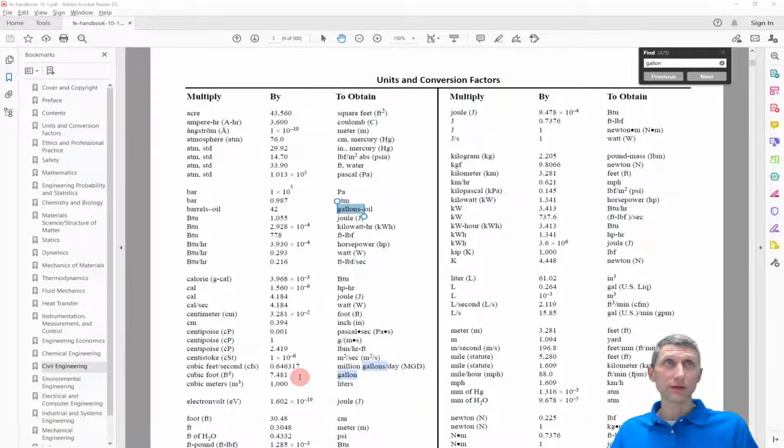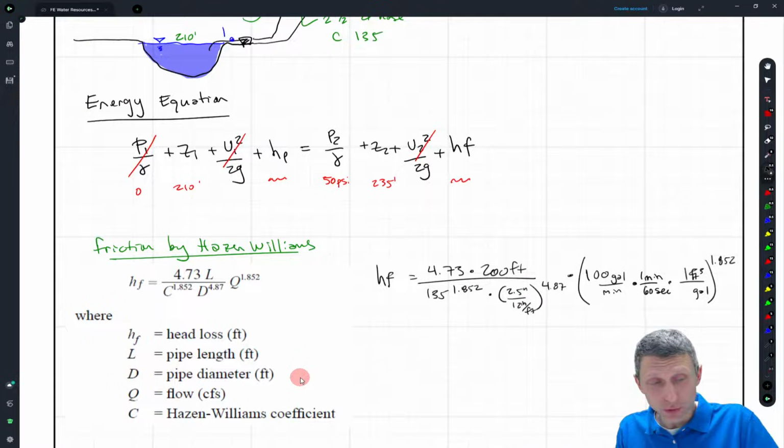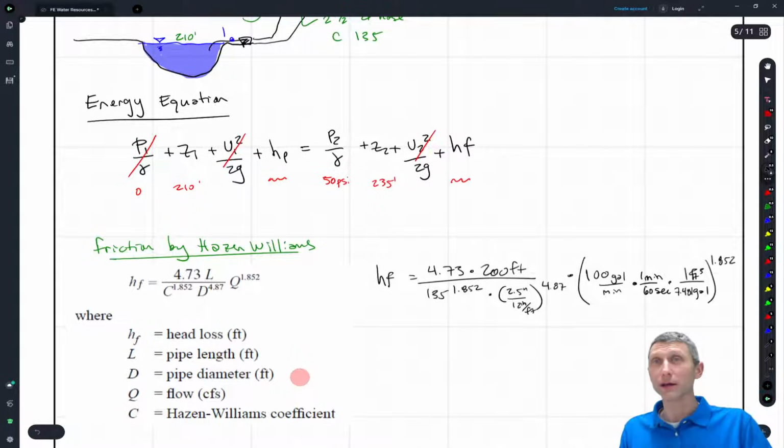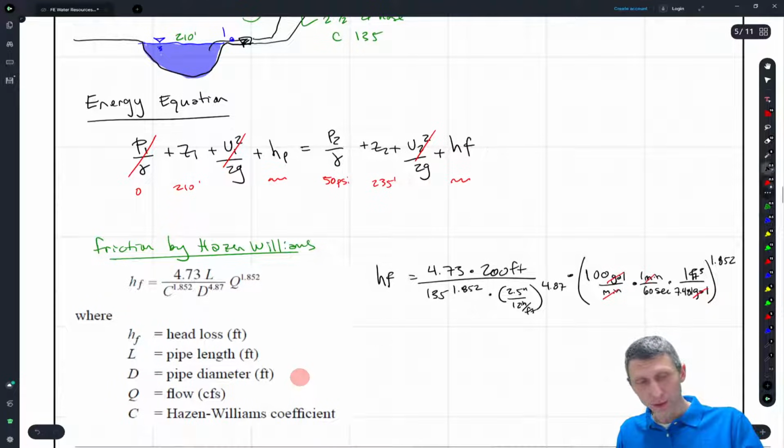Okay, 1 cubic foot is 7.481 gallons. So the good news is we can find that. A search and find didn't take us very long. What we see is we can cross out our gallons, and we cross out our minutes, and we're left with cubic feet per second. Plug all this in, and hopefully we get the right answer with all those funny exponents.